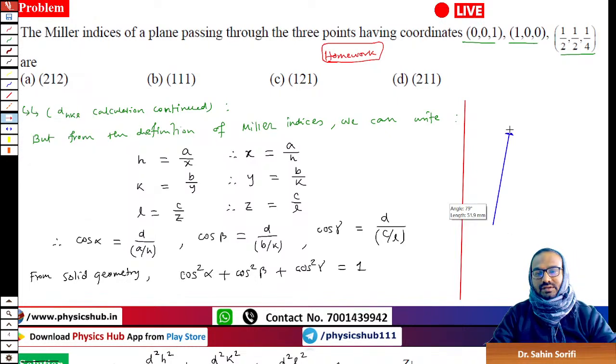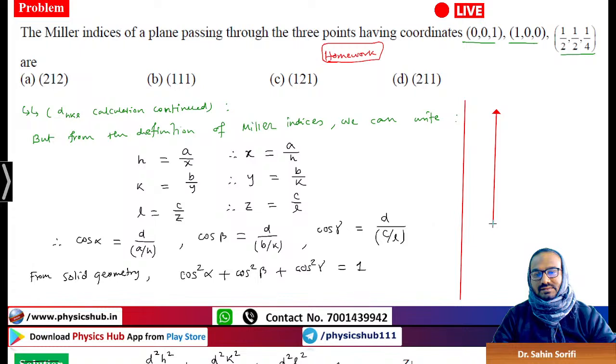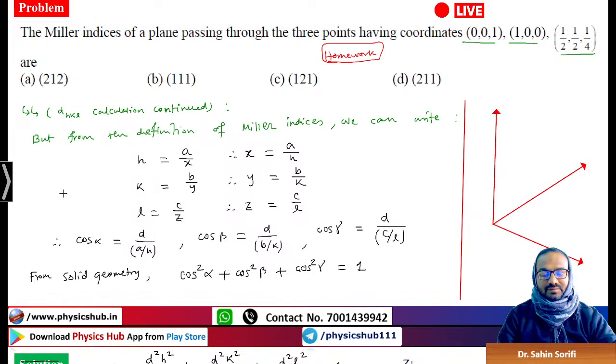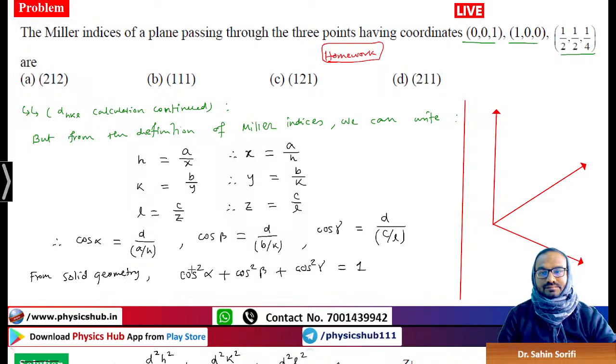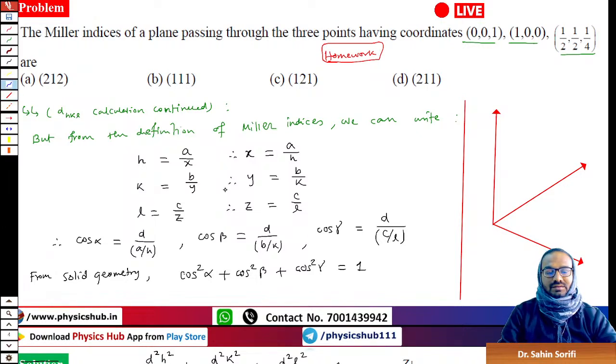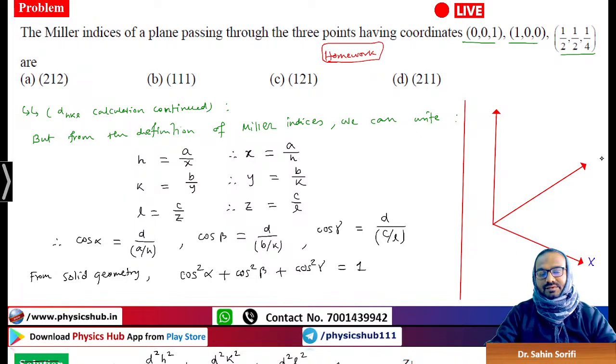So you will consider the axes in this way, the way we have done in the first case. So we have the Miller indices of a plane passing through 3 points. Let's say this is x, this is y, this is z. Previously we considered a general derivation.